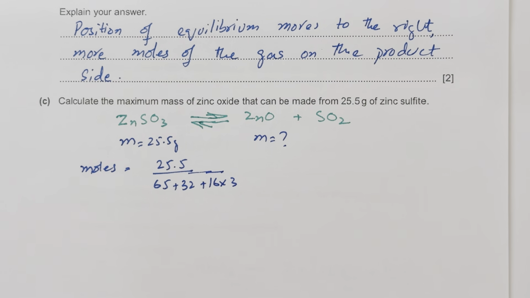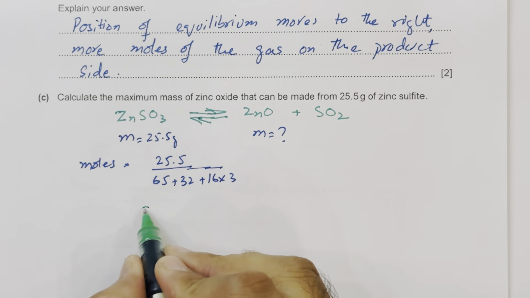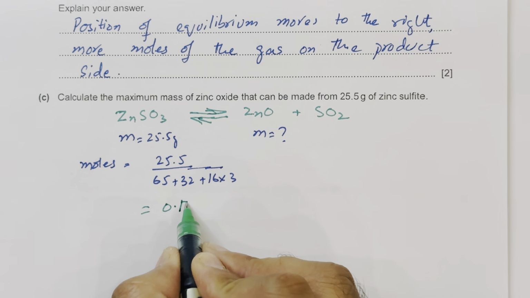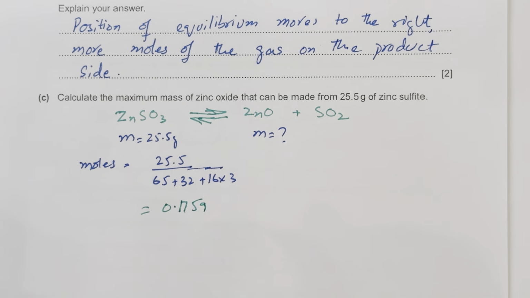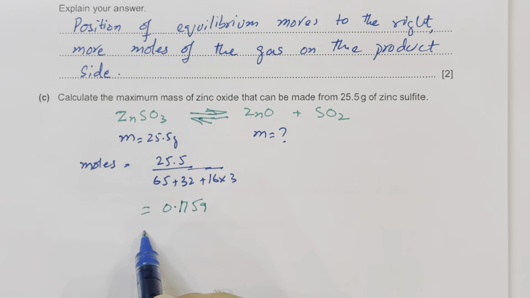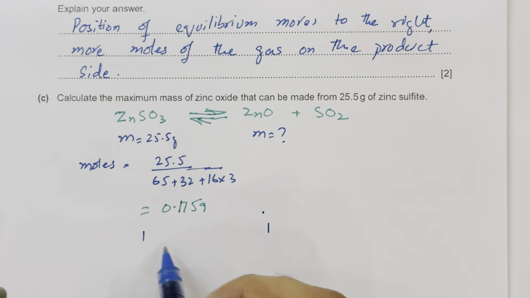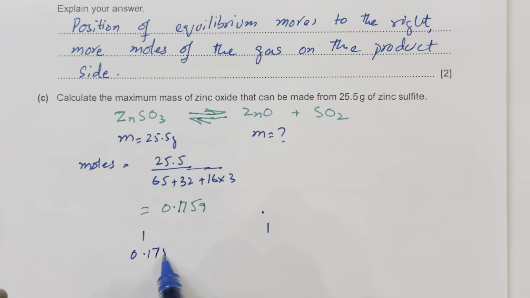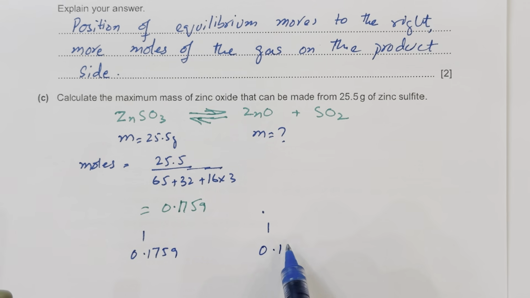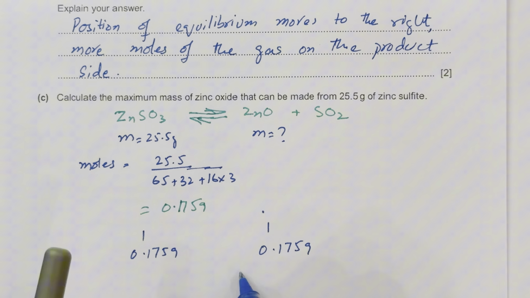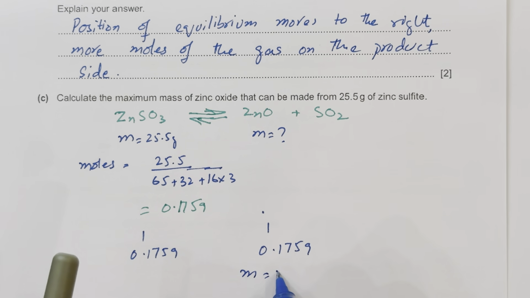So after dividing it we get the moles that is equal to 0.1759. Now we need to compare from the balanced chemical equation. It has 1 mole, then it has 1 mole, then it has 0.1759, it has also 0.1759. Now you need to get the mass.